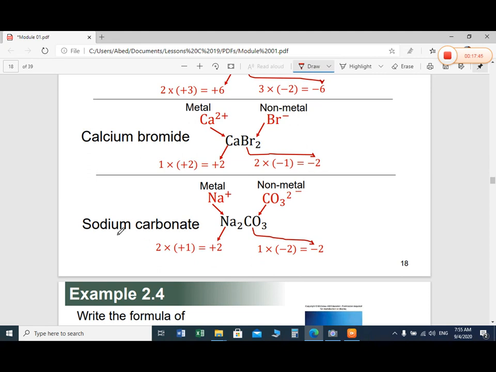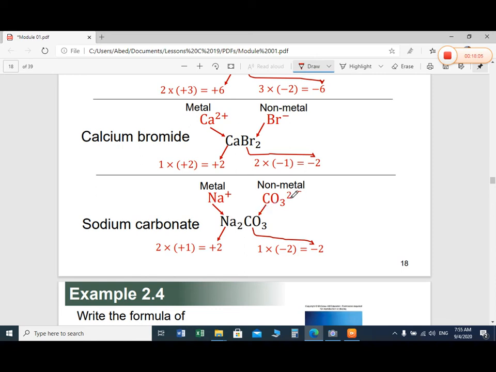The last example is sodium carbonate. It contains sodium ion, positive 1 valency, 1 charge, and carbonate is the polyatomic anion because it has 1 carbon and 3 oxygen with 2 negative charge. So when we combine it, sodium will come first.